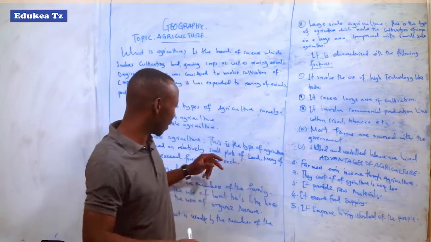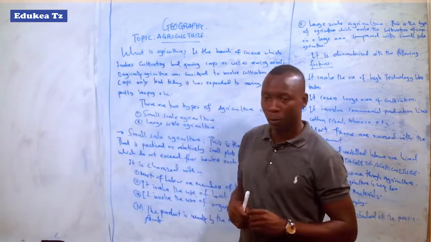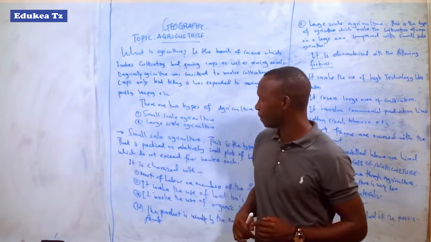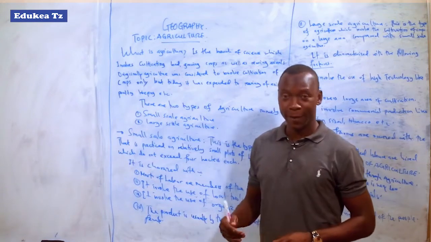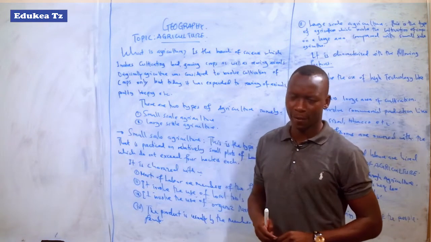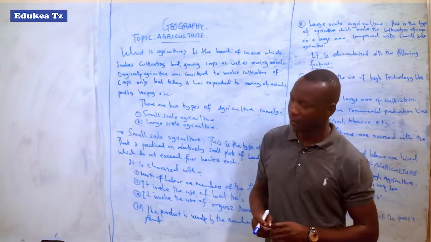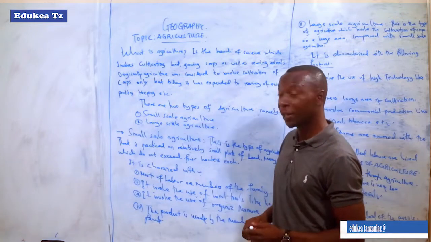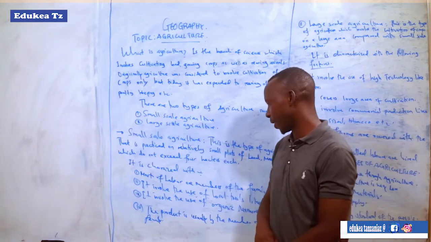This small scale agriculture may involve the cultivation of different crops like maize, cotton, sisal, coffee, beans, rice, and the other types of crops that you are familiar with. Today I want you to know clearly the meaning of small scale agriculture.